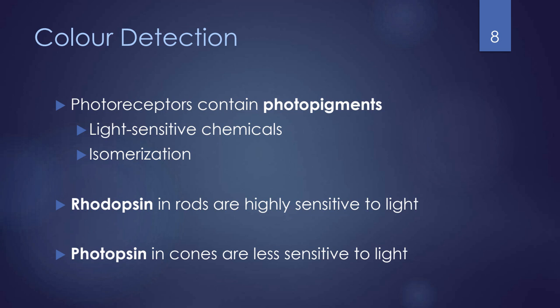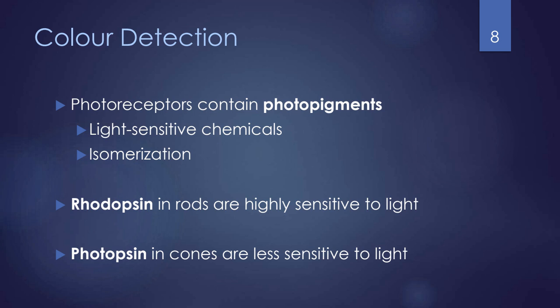We do have 3 varieties of photopsin, the photopigment contained in cones. They're located in different cones, and they respond differently to different wavelengths of light.